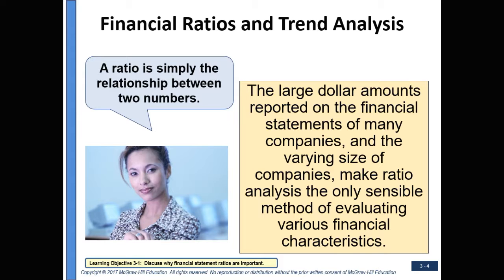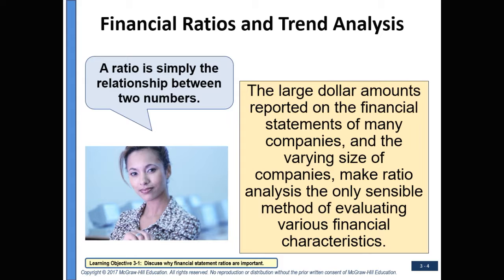Looking at 2 similar companies, large dollar numbers can sometimes add some bias, some gray, some blur to just looking at the financial statements. By taking away that distraction and looking at the relationship between key numbers, we can do something closer to an apples to apples comparison.